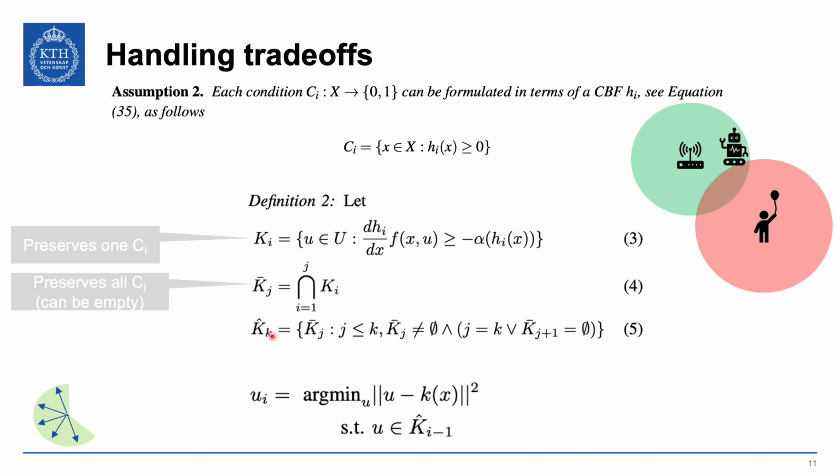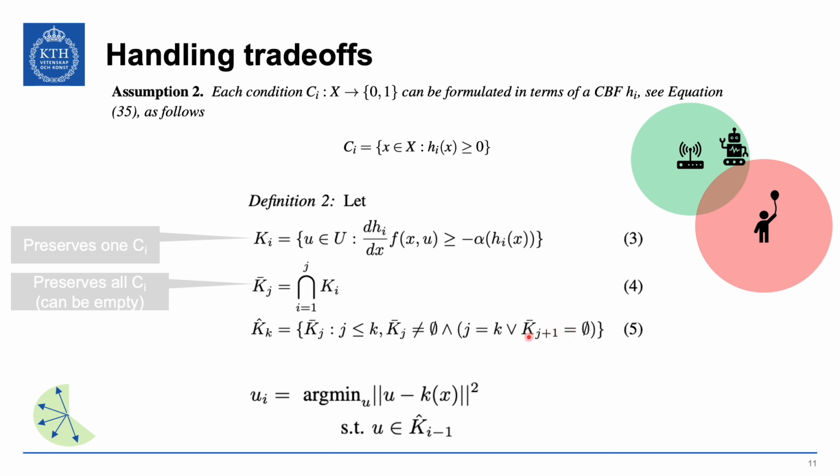So k hat is some kj for a possibly smaller number, where we sacrifice the least important subgoals, such that kj needs to be non-empty, and either it's the same that we ideally want, or the one that has a larger number is empty.